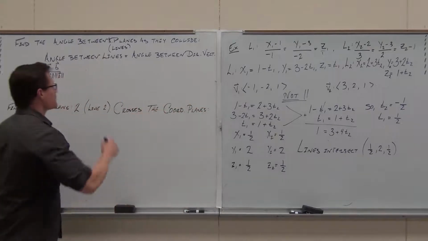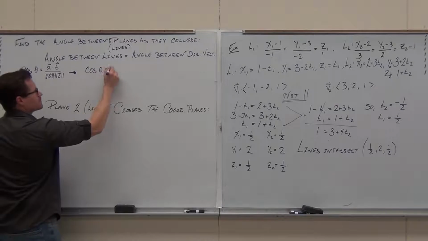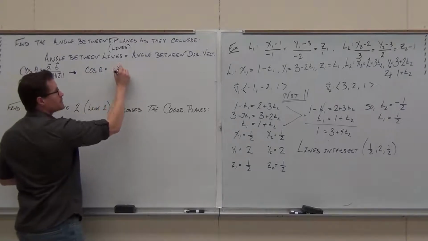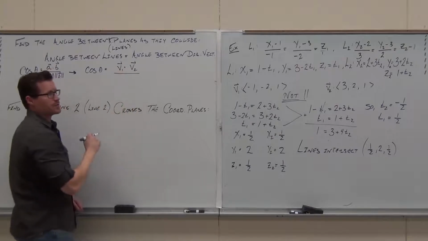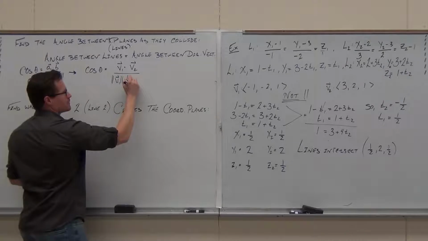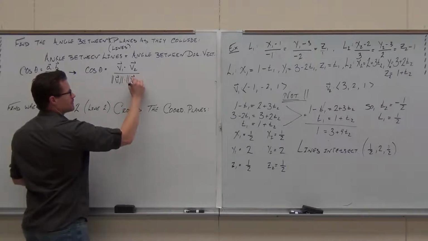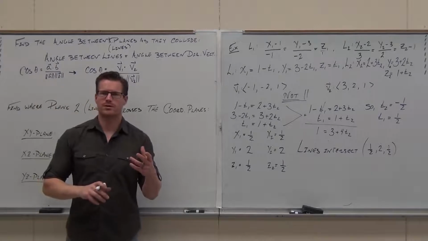So for us specifically, let's take V1 dot with V2, divide by their magnitudes, and then I'm going to put one more thing up here so you don't get confused.